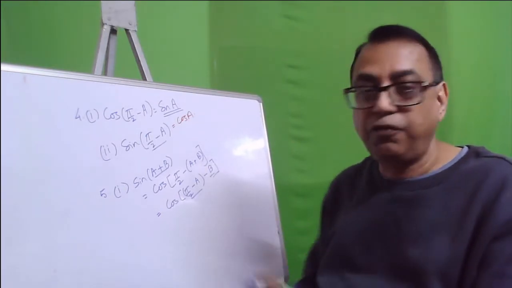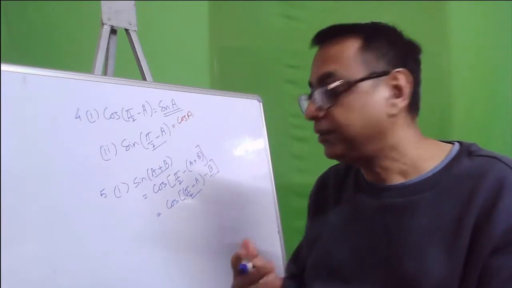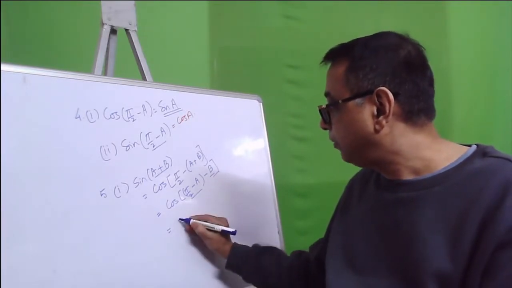We will put it into the format of cos(A − B). So what will it become?